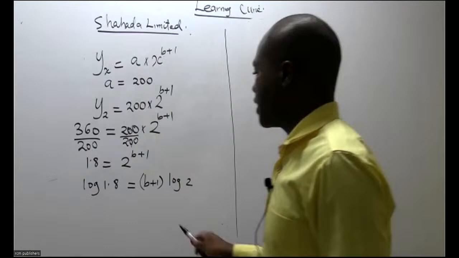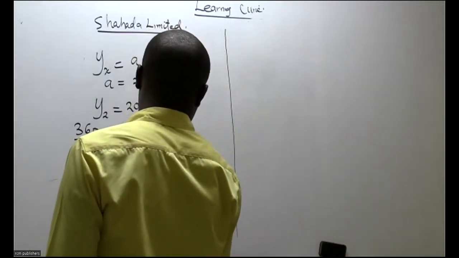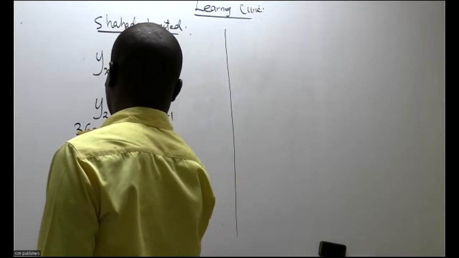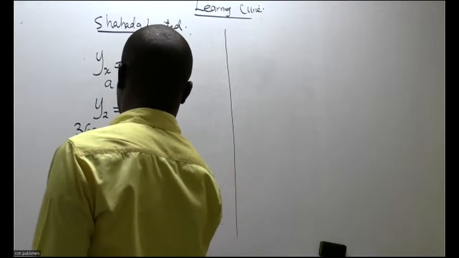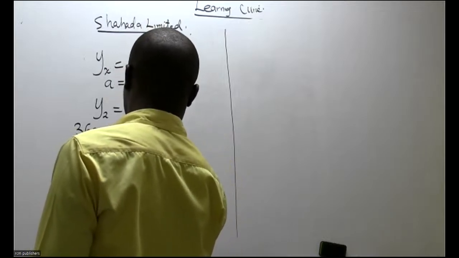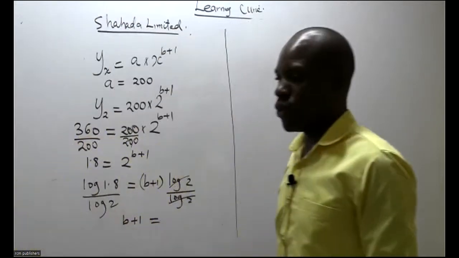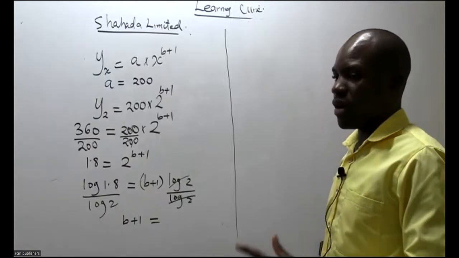Having done that, let's now collect them together. We divide this side by log 2, and this one is gone. So we have B plus 1 is equivalent to log 1.8 divided by log 2.